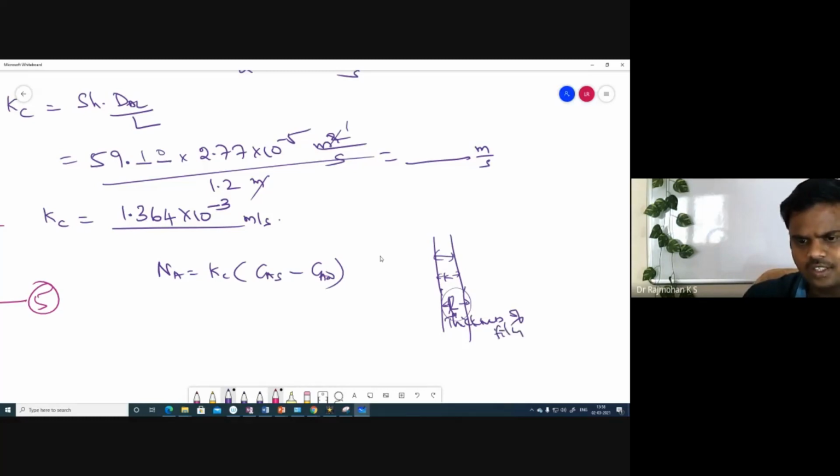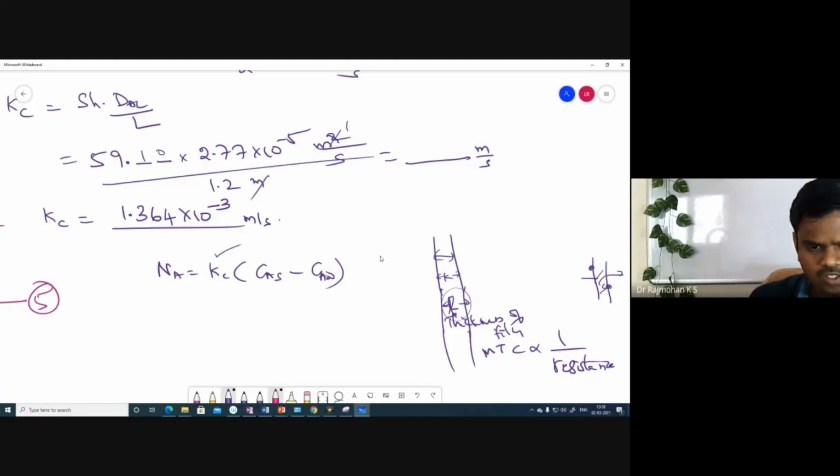So that is the reason we talk in terms of mass transfer coefficient, which is the inverse of resistance, similar to heat transfer by conduction. What is resistance there? Driving force is delta T, and the remaining terms are resistance, right? Similar to that, the MTC is the inverse of resistance. So the resistance across this film is taken care of by the mass transfer coefficient. Okay, so can we substitute to get the Na value?